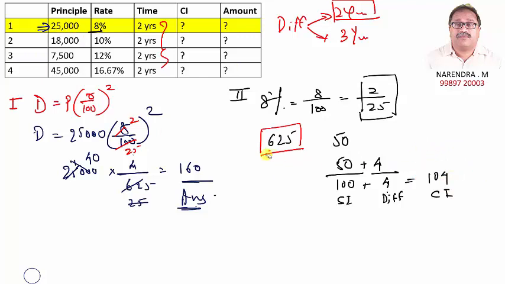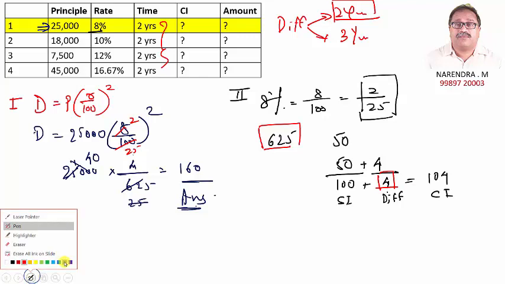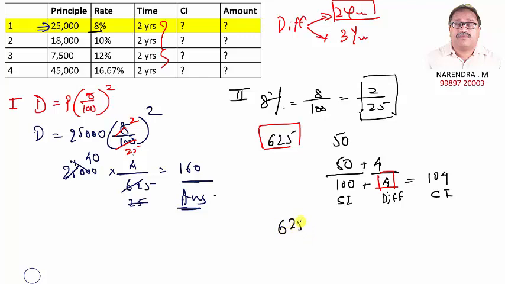Now here we are working with the difference between the compound interest and simple interest. So what is the difference between compound interest and simple interest? This 4. And what is the principal? The principal is 625. So I can write the equation here saying that when the principal is 625, the difference is 4.